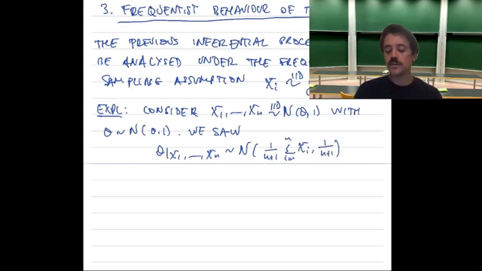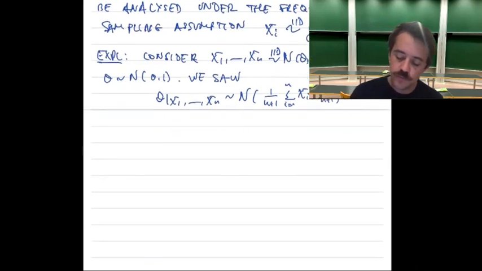And then the variance is going to be shrinking, and so this normal distribution will be concentrated around this near sample mean.